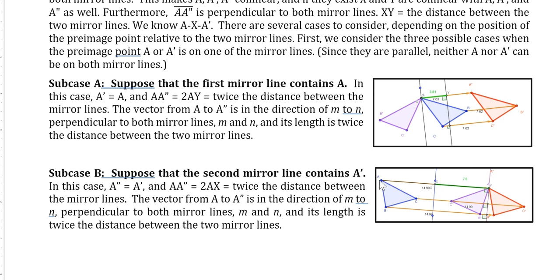Well, in this case, the distance from A to the final image is just going to be twice the distance from A to X, which is, of course, the distance between the two lines here. Okay, so it works in that case.